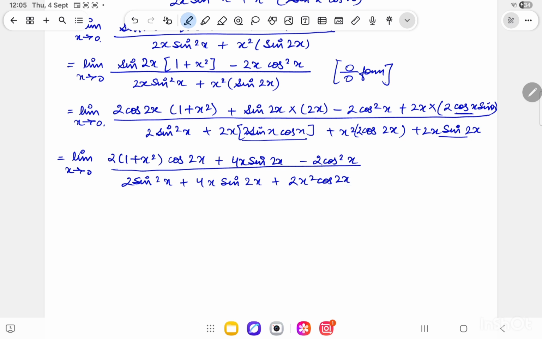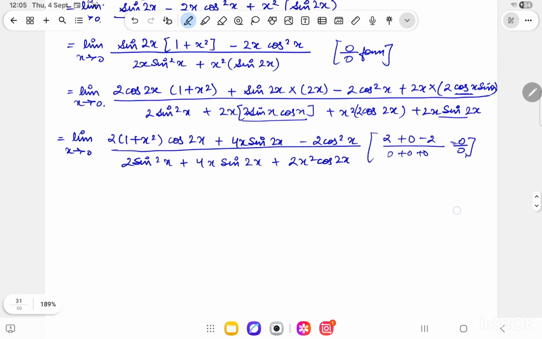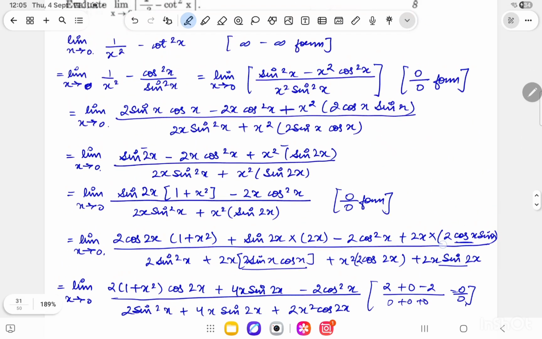So if I put the limit x equals 0 here, I'll be getting 2 plus 0 minus 2 divided by 0 plus 0 plus 0. So again it is a 0 upon 0 form. We are supposed to apply L'Hopital's rule again.